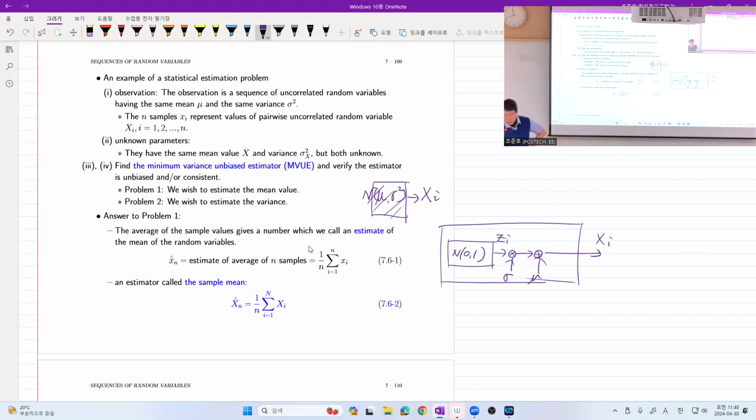So this is an example of an estimation problem. What do you suggest to have a good estimator here?